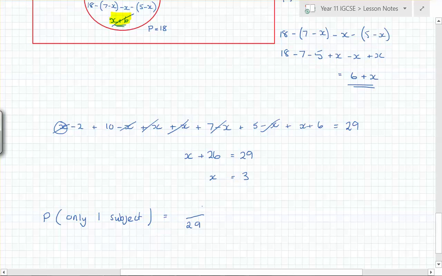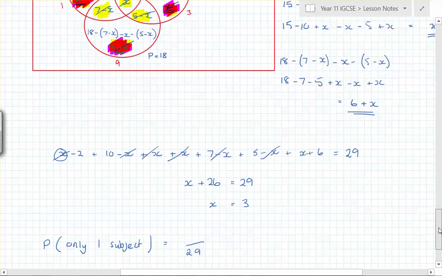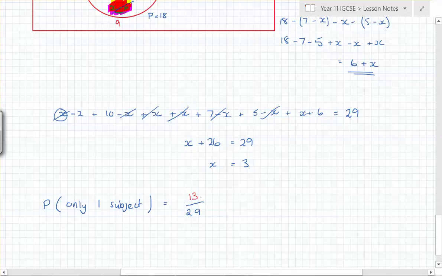How would I work out the numerator? So only one subject. So you know that it's going to be this region, and that region only. So the answer would be, so x plus 6 is 9, 3, and 1. So it would be 13. 13 out of 29 would be the probability of getting someone with only one subject.